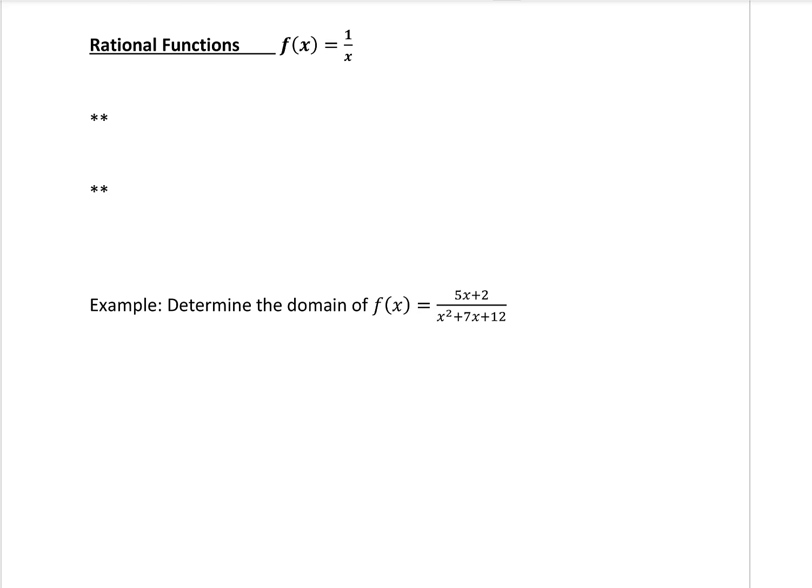Here's the problem. We can't divide by 0 because that makes the entire function undefined. So instead, what we're going to do is set the denominator equal to 0, and then solve. And what that does is it gives us the values that cannot be in the domain.